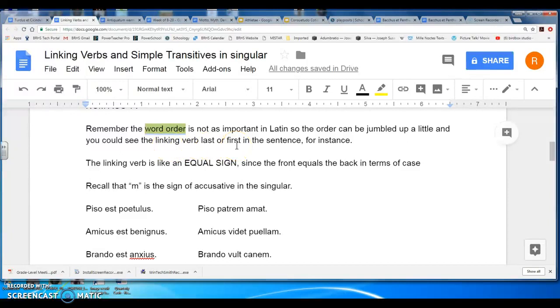Meaning is not derived from word order in Latin because it has endings, but in English it is. So you can get that out of your head right away. Another tip is that the linking verb here is like an equal sign. When you have the word order nominative noun, linking verb, nominative adjective, you have an equal sign with the nominatives on either side of it.